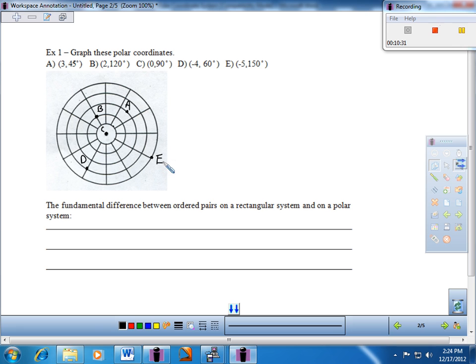Excellent. And you could start to see something pretty interesting about the way we can do these particular points. These were ordered pairs that got us to these points right here, 1, 2, 3, 4, and 5. But theoretically, everybody, let's just take a moment here. Look at letter A. Theoretically, now I've opened the doors up, aren't there an infinite number of ways to rotate from an initial side to a terminal side?